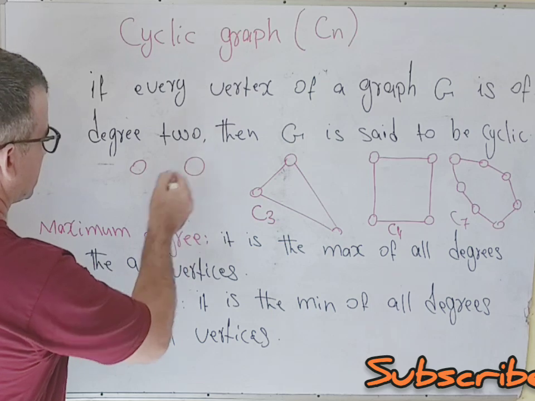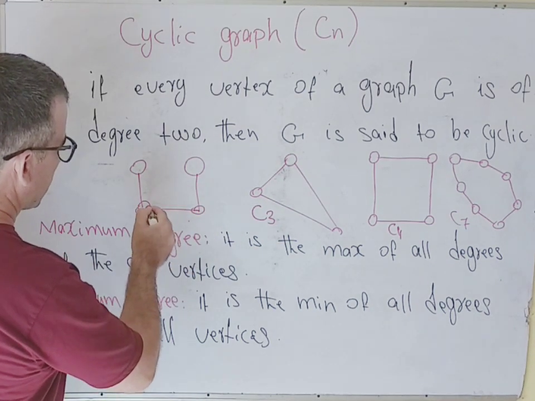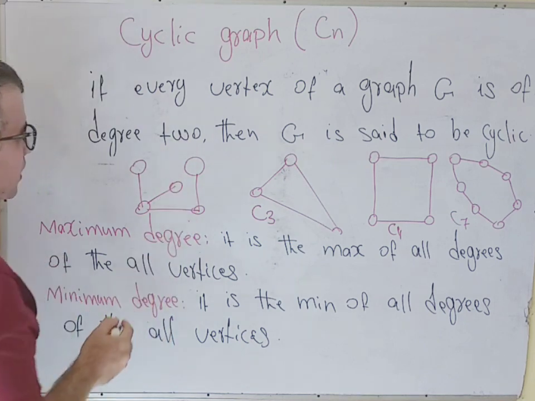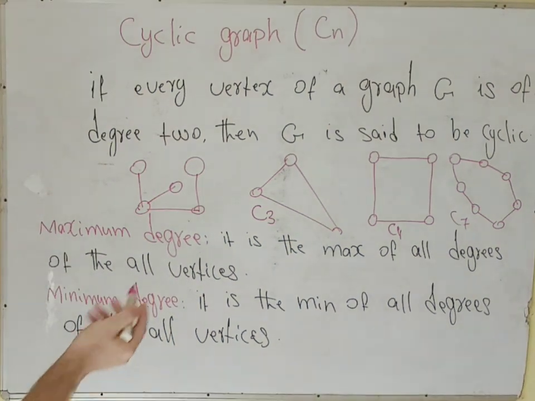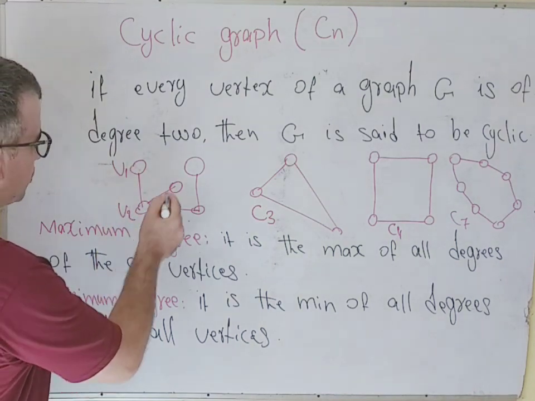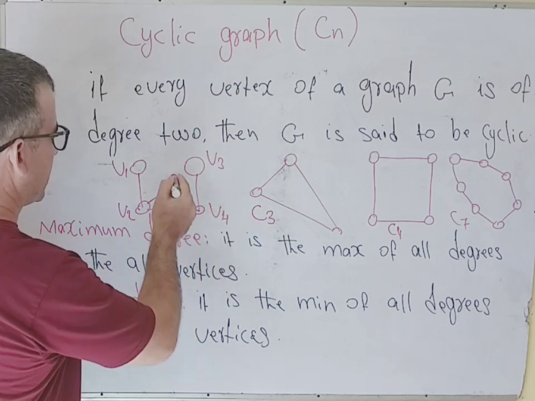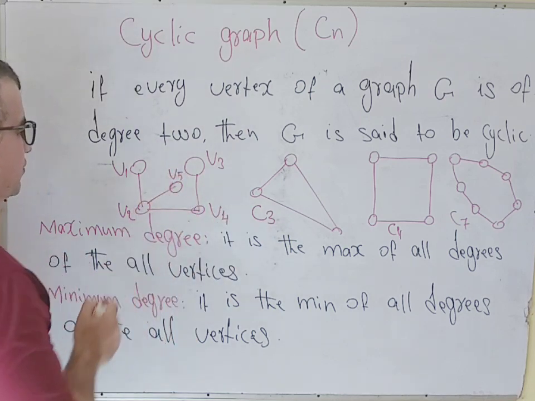We can consider this graph, and label it v1, v2, v3, v4 and v5.